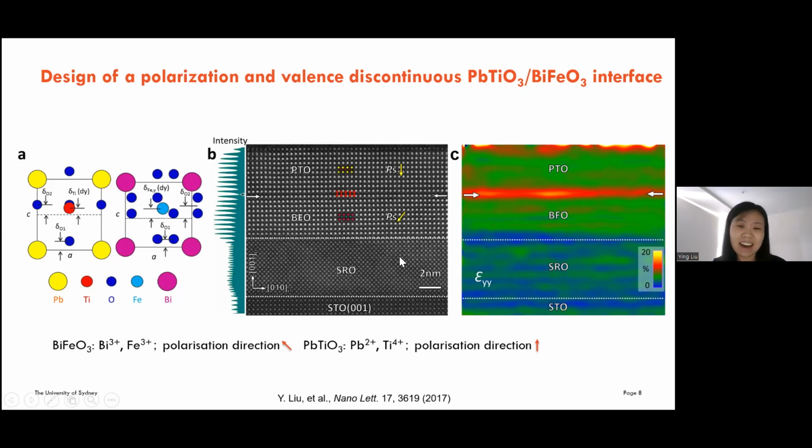And here is a high-resolution image of the interface, and this one is an out-of-plane strain map of this image. From this image, we can see that there is a remarkable enhancement of the out-of-plane lattice parameter. This suggests a polarization enhancement because for both BFO and PTO, there is a strong polarization-lattice coupling.